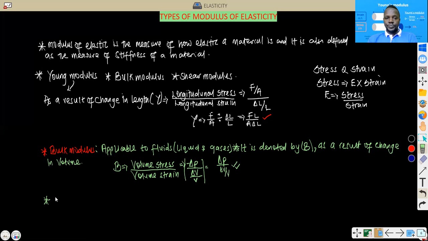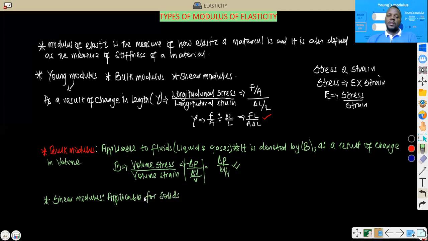But the shear modulus, which is the type of modulus of elasticity, modulus or moduli, if there are more than one. So the shear modulus, I said, is only applicable for solids, just like your Young modulus for solids.